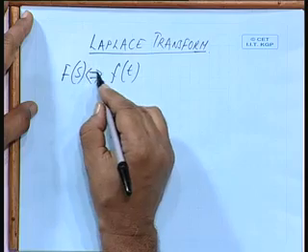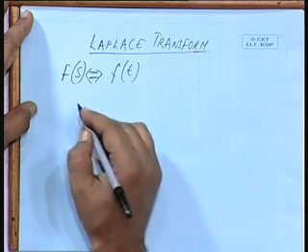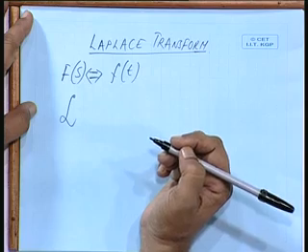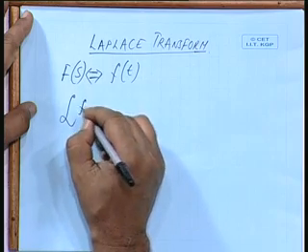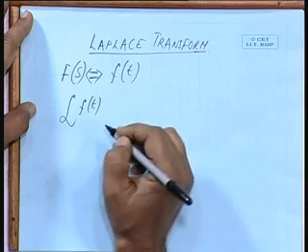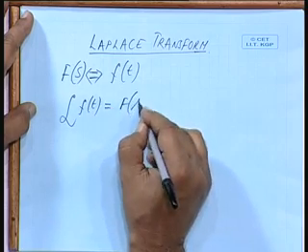Now, by definition we write F(s) as the Laplace transform of the time domain function f(t), okay, and this is given by a curly L f(t), that is Laplace transform of the function f(t) is equal to F(s).